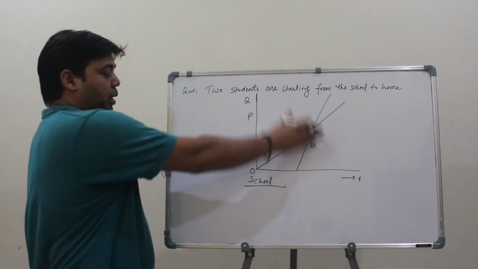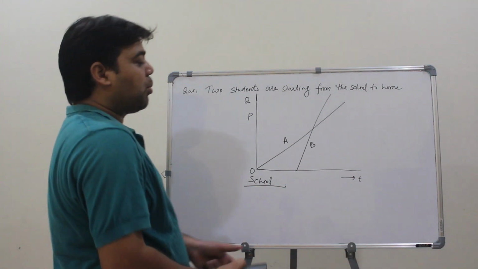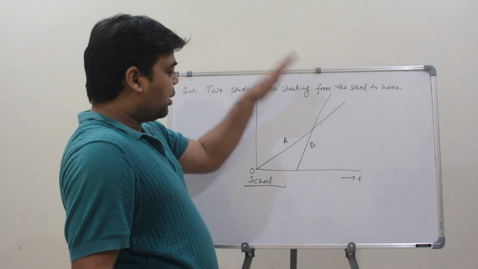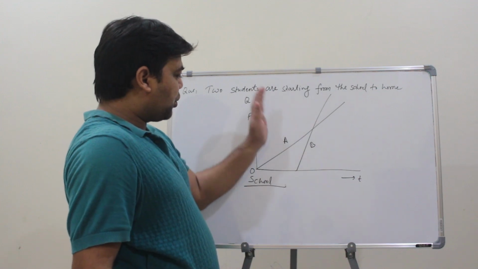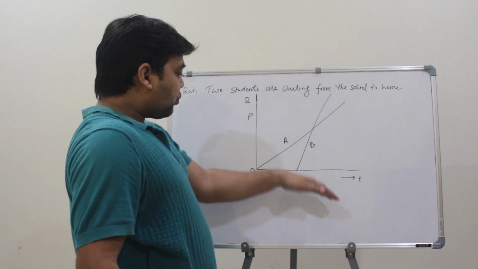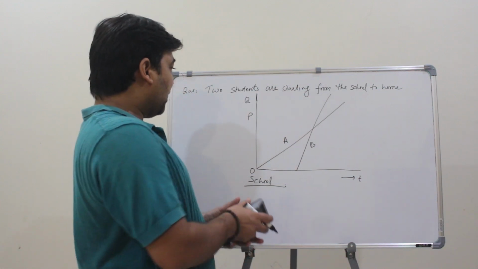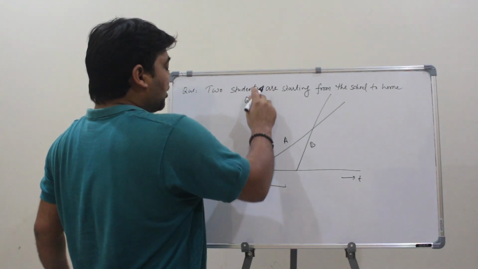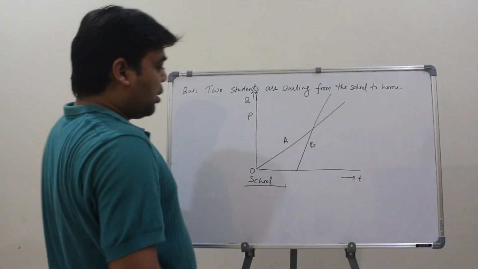Now, why am I discussing this problem? Because this problem will help you understand how to tackle the graphs of position-time graph, right? This position-time graph is representing position against time.